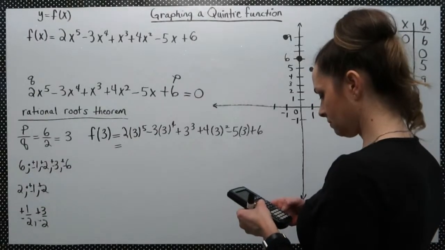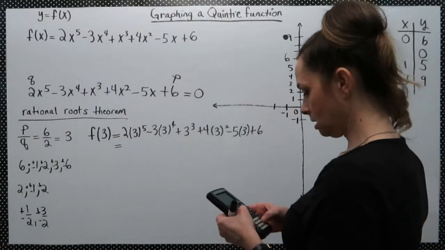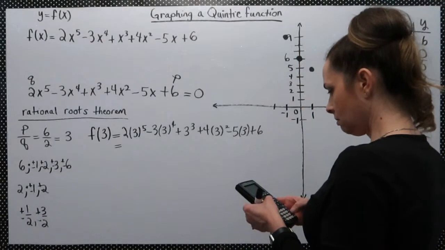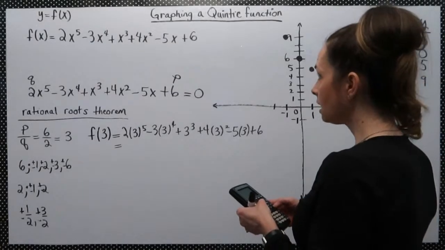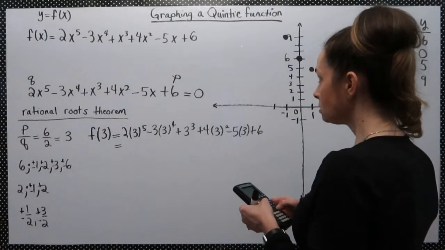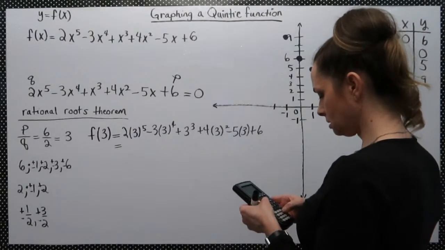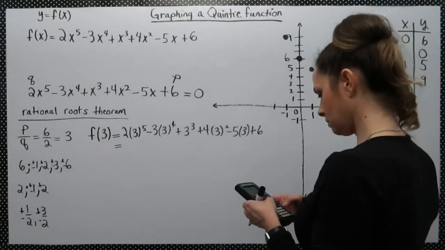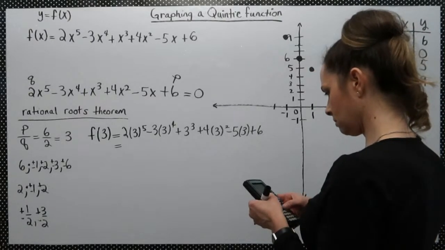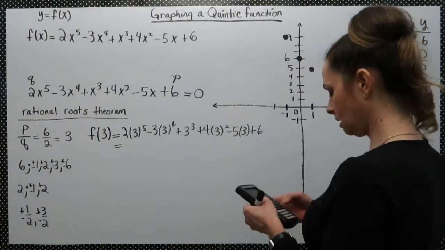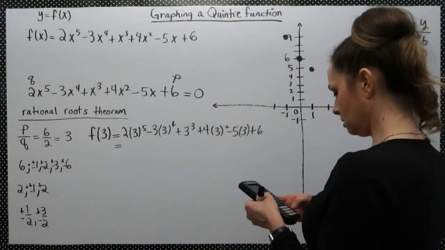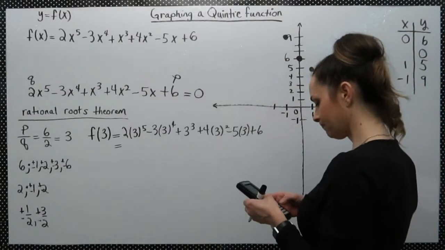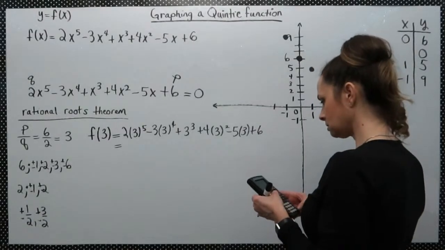2x to the 5th minus 3x to the 4th plus x cubed plus 4x squared minus 5x plus 6.